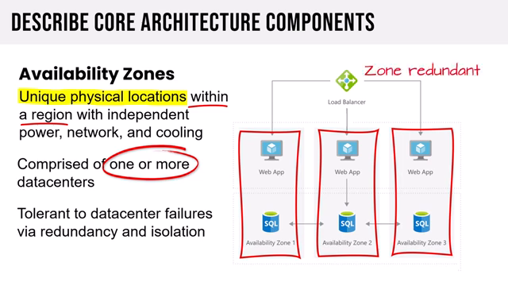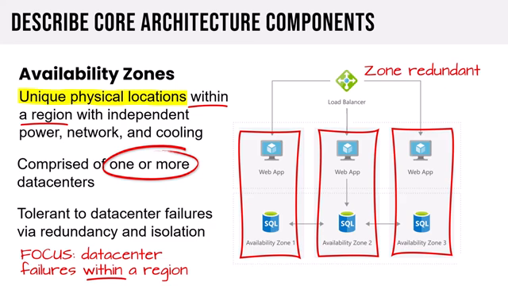So my load balancer, for example, would be zone redundant across the data centers within the region. For example, West US for Azure is not a single data center sitting in the West US. It's several data centers, multiple data centers within that region, fairly close together, that give us these availability zones. But the focus here is data center failures within a region.